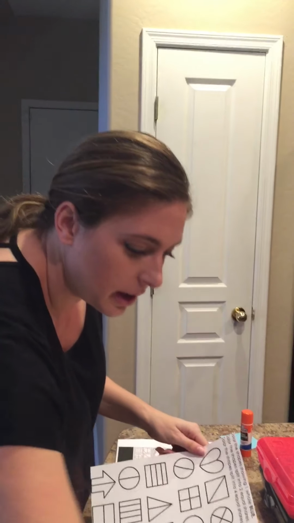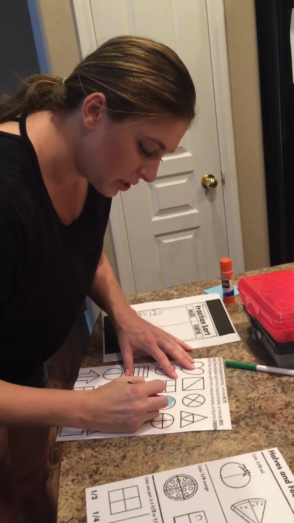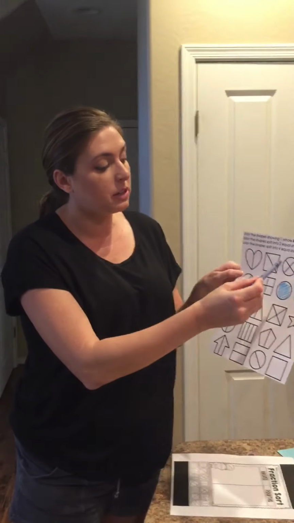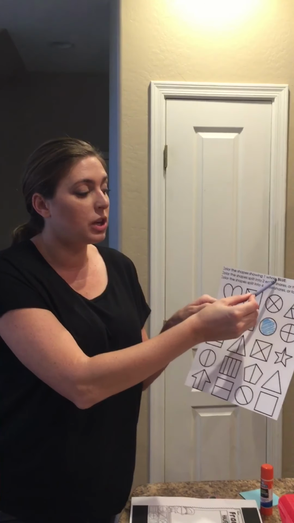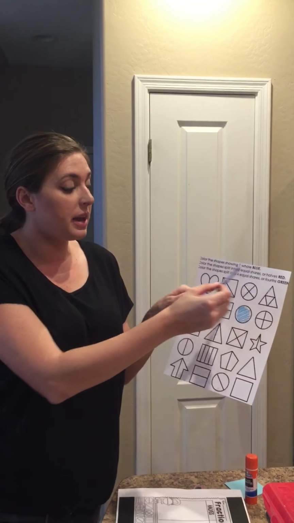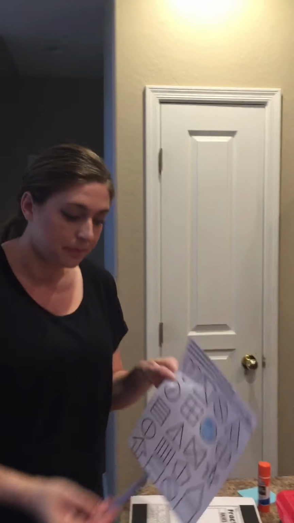I'm going to take my crayon and shade that in blue. You're going to do the same thing for each shape that you see here, following the instructions. If it's a whole shape, it's blue. If it's 2 equal shares, in halves, you're going to color it red. And if it's 4 equal shares, or fourths, it's going to be green.